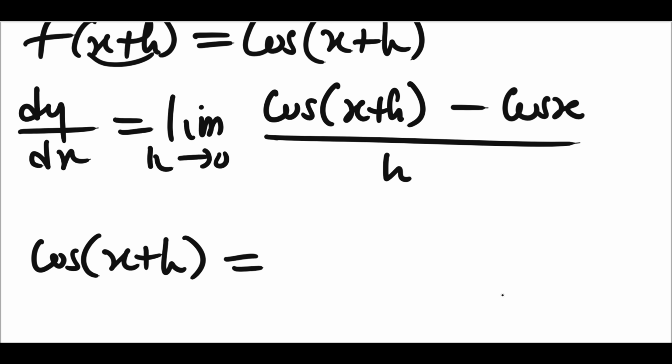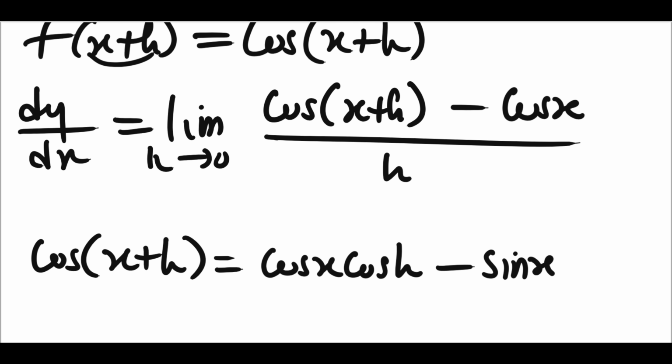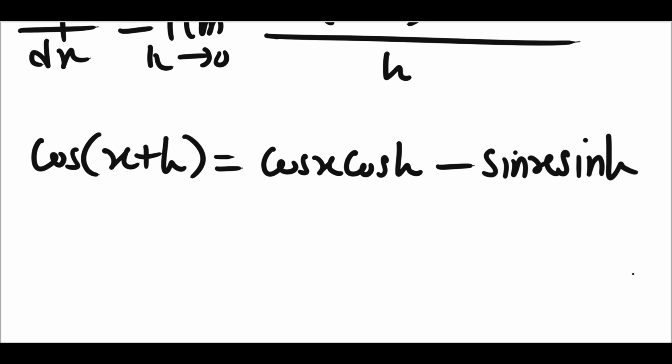Under trigonometry, we treated compound angles. So we have cos x cos h, then minus, the sign changes to minus, sin x sin h. So we are going to replace cos(x + h) with cos x cos h − sin x sin h.